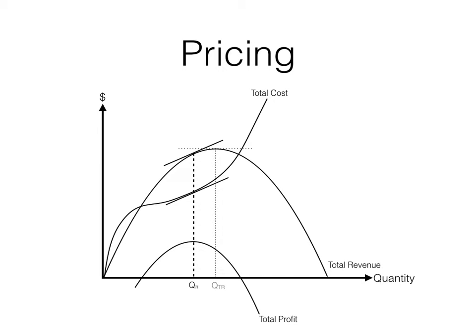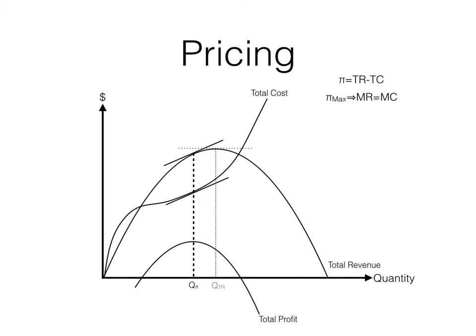We can see that drawing a total profit curve, that's where it's maximized. It's not maximized where total revenue is maximized, and that's the big difference we want to look at. Notice also that we won't be selling beyond the maximum of total revenue. We looked at this already and saw that beyond QTR, that would be the points on the demand curve that are inelastic.